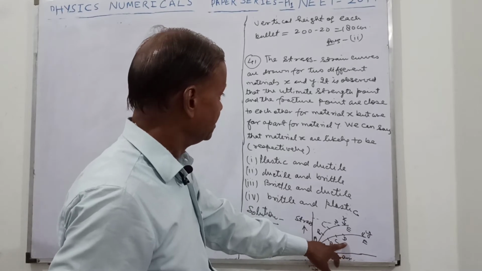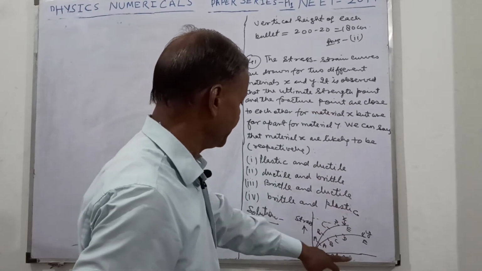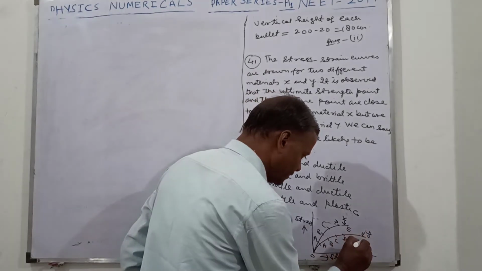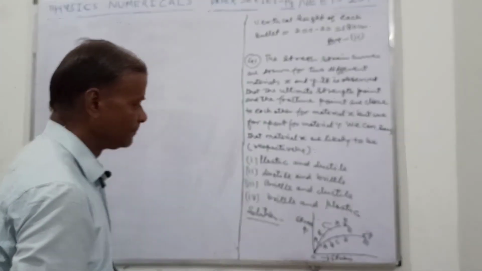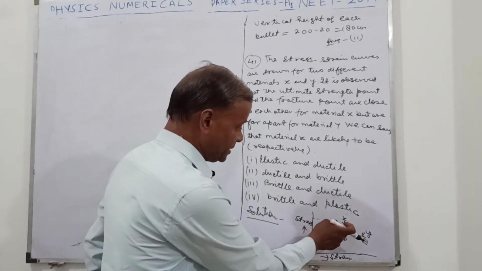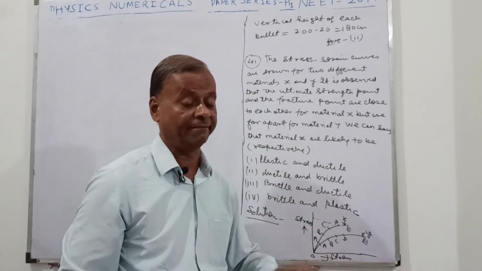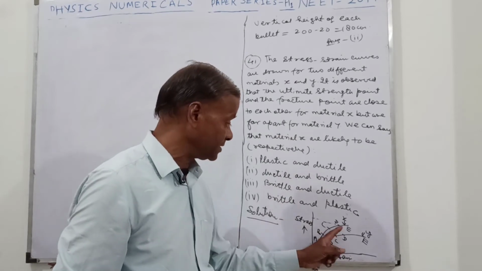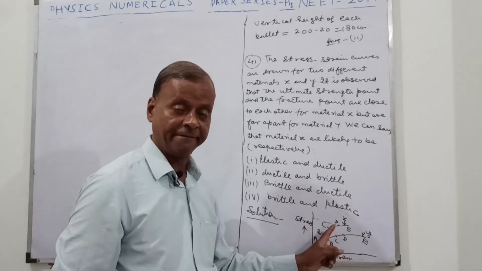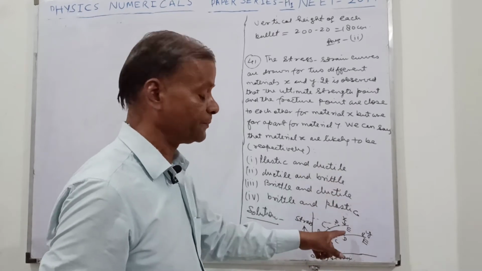Here for Y, the ultimate strength point and the fracture point E are far apart. So now you can see that since these are very close to each other, we can say that this material X is brittle, because it will break after this point E. As the stress is increased slightly, it will break at the point E, because this is the fracture point.